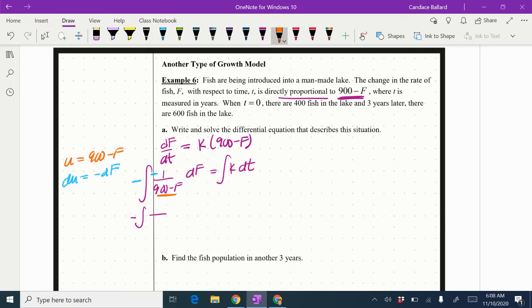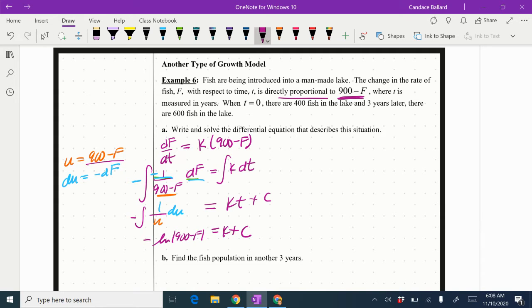I'm putting in u for the 900 minus F, and for the negative 1 dF, I am plugging in du. When I integrate the left side, I get negative natural log absolute value of u, which I'm just going to plug back in as 900 minus F. And then the right side, when I integrate that, I get kt plus c.